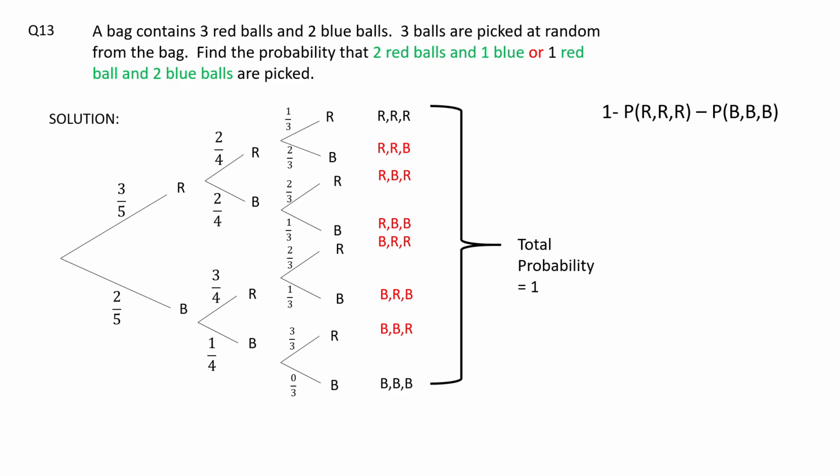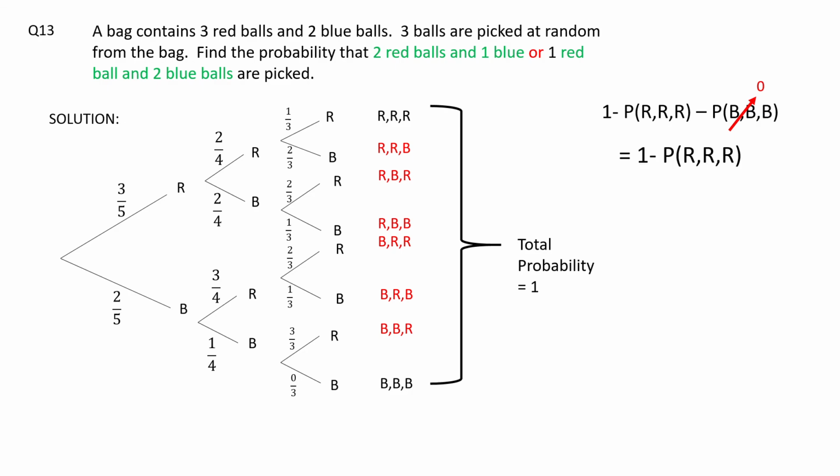That will be the probability of getting red, red and red, and the other one is the probability of blue, blue and blue. Now here, remember in the bag we have only 2 blue balls. Therefore, getting blue, blue and blue is impossible, or it equals 0. So you can just neglect it.